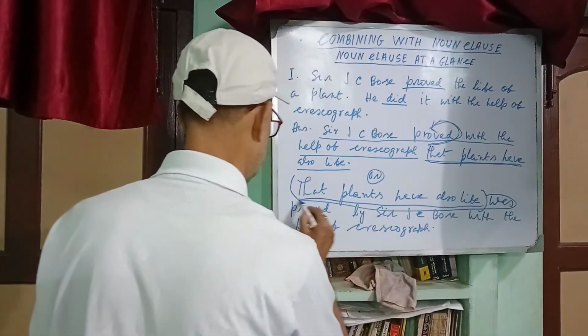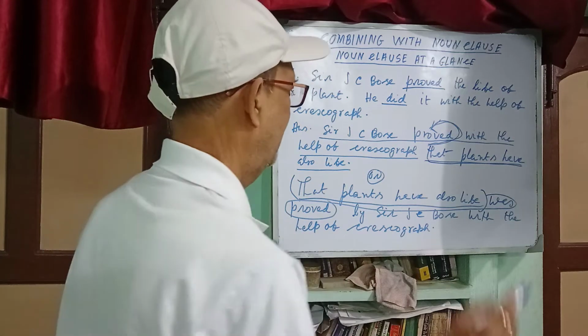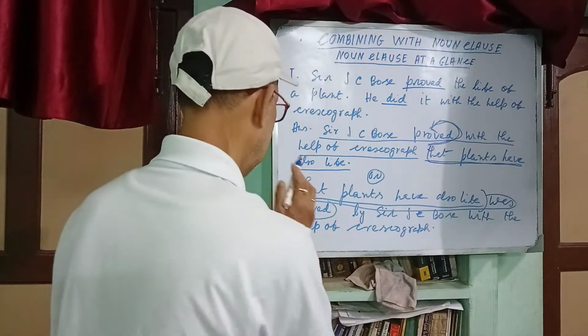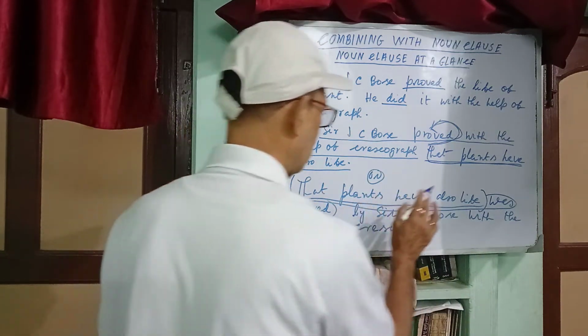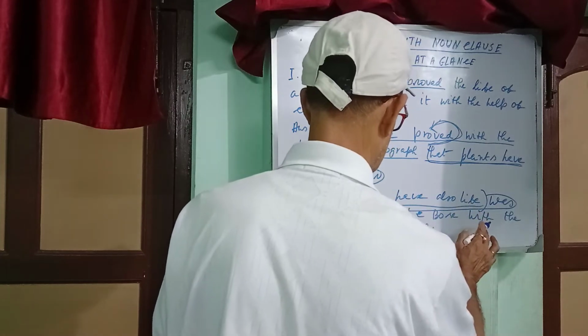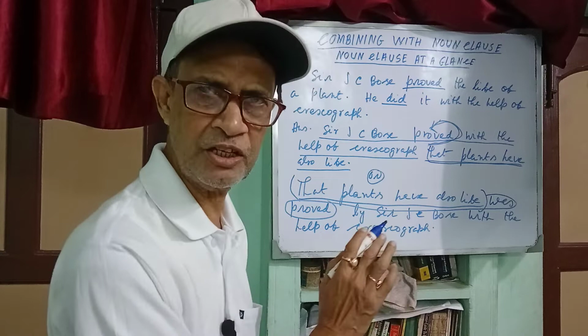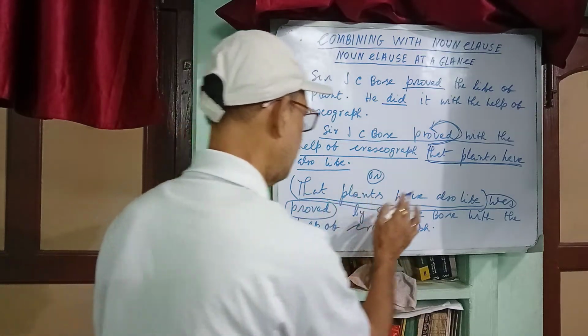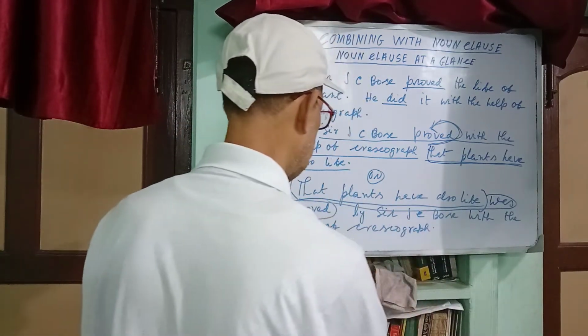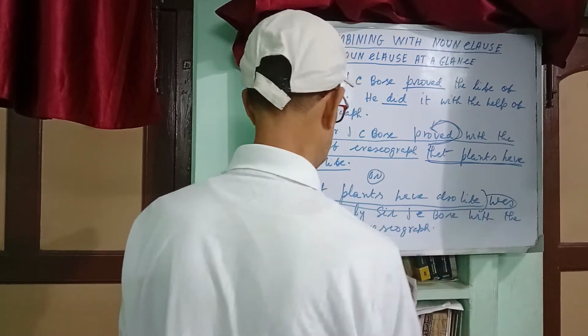So, that plants have also life. Start your first bracket. That plants have also life was proved by Sir J.C. Bose with the help of crystallograph.